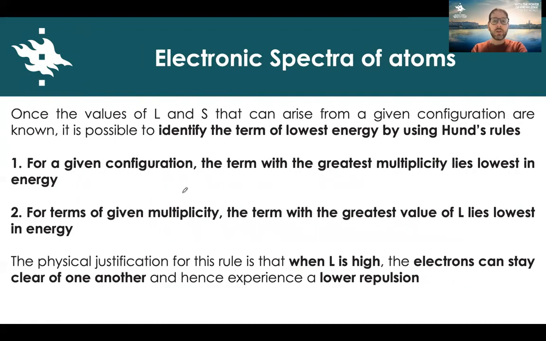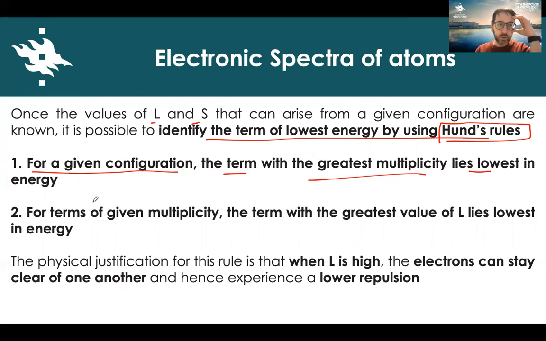Okay? So once we know the values of L and S that can arise for a given configuration, as we saw for d2, we can identify which term has the lowest energy using Hund's rules, which help us approximate which term will have the lowest energy because of the lowest electron-electron repulsion. The first rule is that for a given configuration, the term with the greatest multiplicity will be lowest in energy.